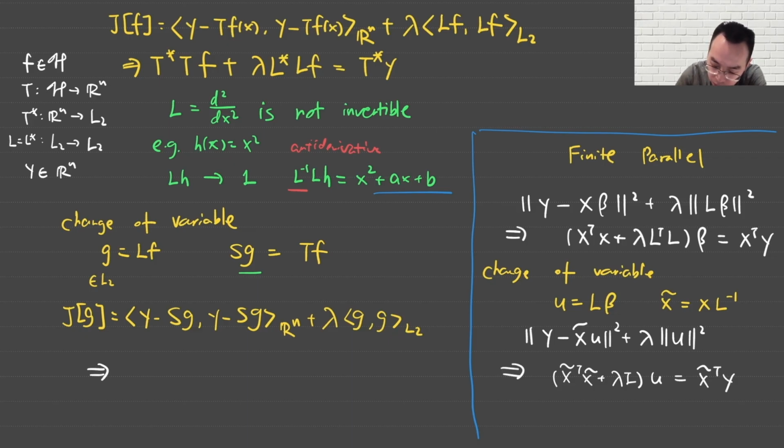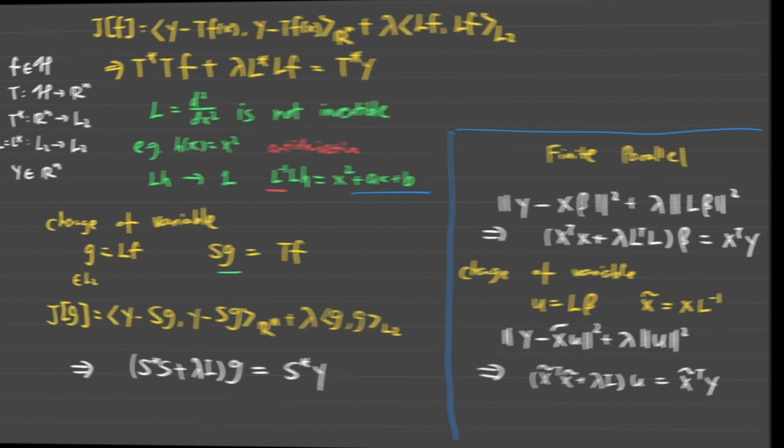We'll have (S star S plus lambda I) acting on g equals S star acting on y. That's the normal equation, which has a parallel form with the ridge regression in finite space, and this is the problem we're going to solve next.